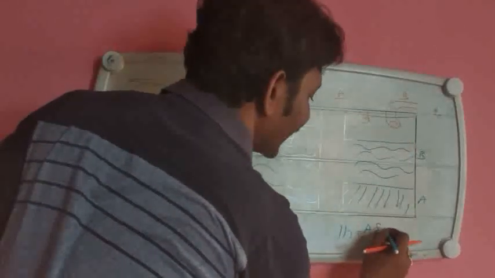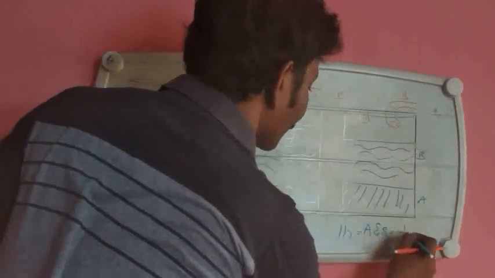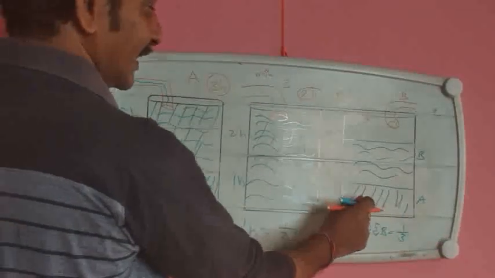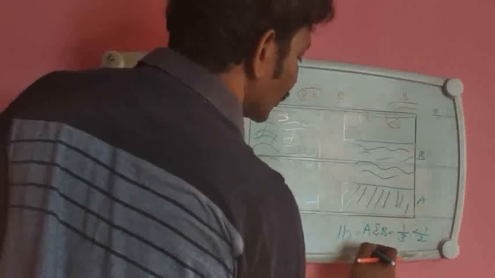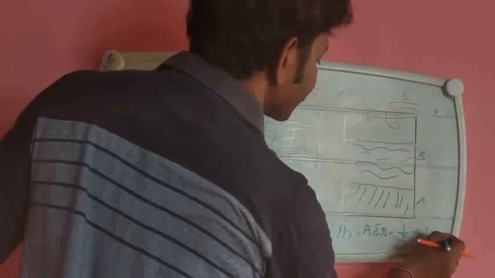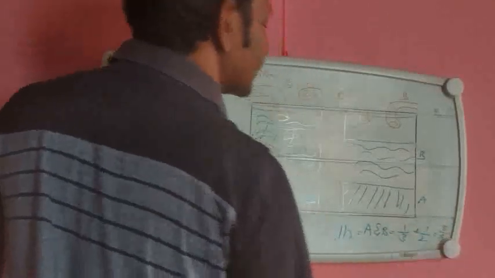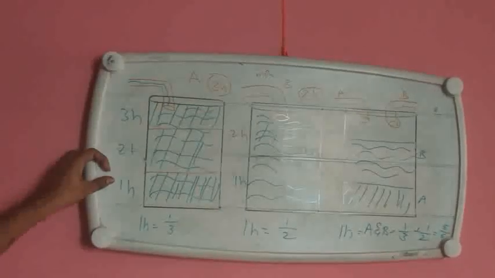In 1 hour, A and B together is equal to 1/3 by A plus 1/2 by B. So in total, the LCM is 6, and 5/6 portion of the tank will be filled.